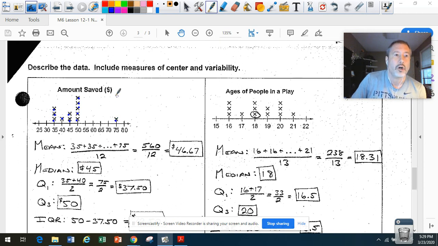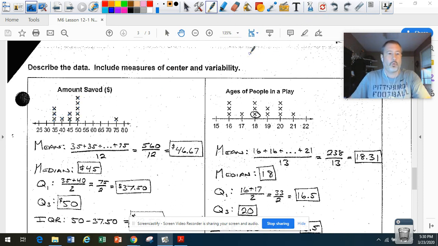So there are 12 numbers here. So if you add all those up, you should get 560. Divide that by 12 because I have 12 pieces of data here and the amount of money we have saved, which gives us a mean of $46.67.